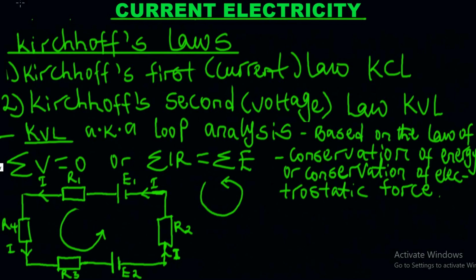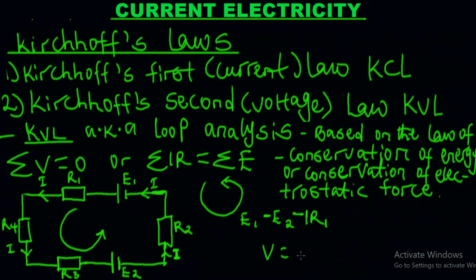So if we are to present this according to Kirchhoff's voltage law, we'll have this. We have E1, because it is moving from the negative to the positive, and we said it's going to be assigned a positive sign. Then E2 is negative, from positive to negative. Then the voltage drops are in the same direction as this flow, so it's going to be minus IR1. Remember, when we're talking about Kirchhoff's voltage law, we're dealing with voltage only, so you can't use R alone.